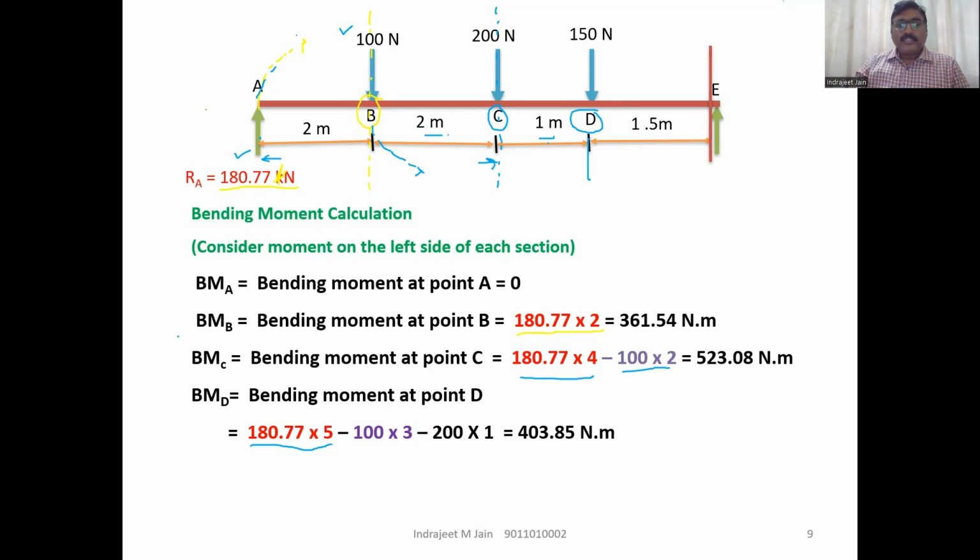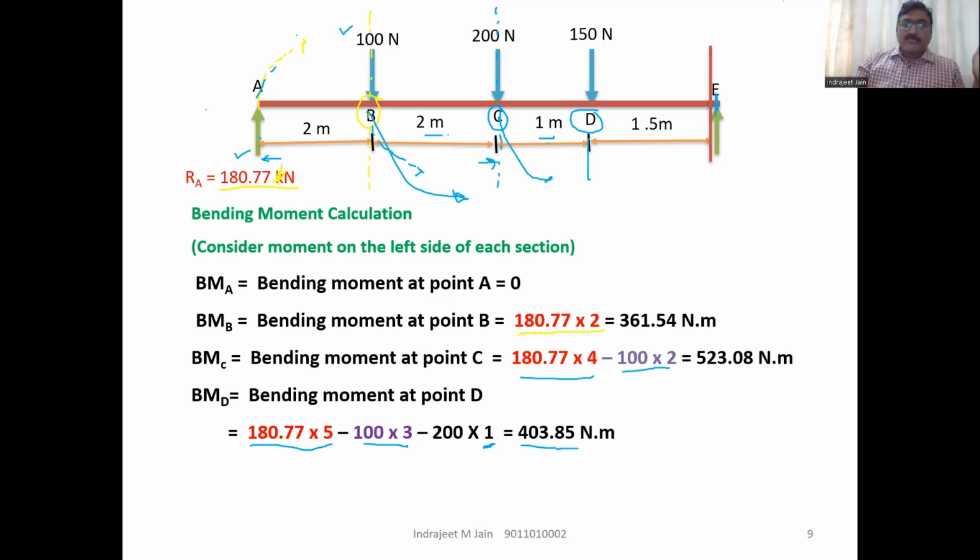So 100 into 3, and it is anti-clockwise. The next force is 200. This is also anti-clockwise, and the distance between C and D is 1 meter. And the resultant moment at point D will be equal to 403.87 Newton meter.